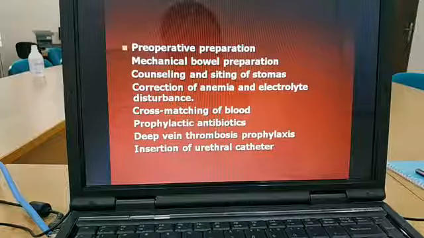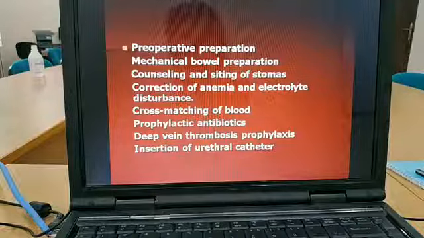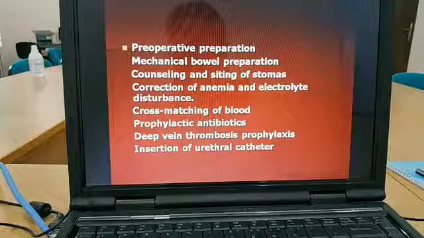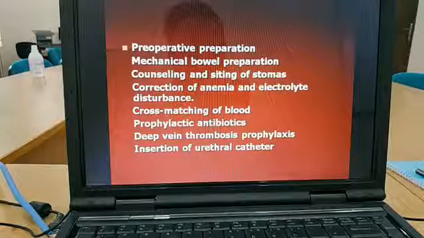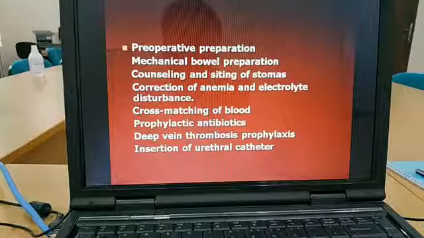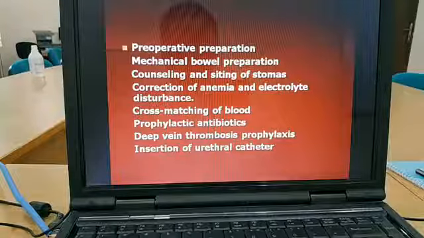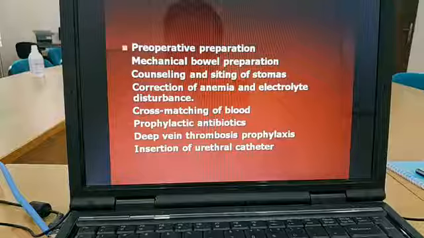Another important complication of this surgery is that the patient may develop pulmonary embolism. This is a very dangerous complication after surgery. If a patient develops pulmonary embolism, that is a very, very detrimental condition for the patient. So to prevent pulmonary embolism, we usually start deep vein thrombosis prophylaxis. The source of the pulmonary embolus is the deep vein.